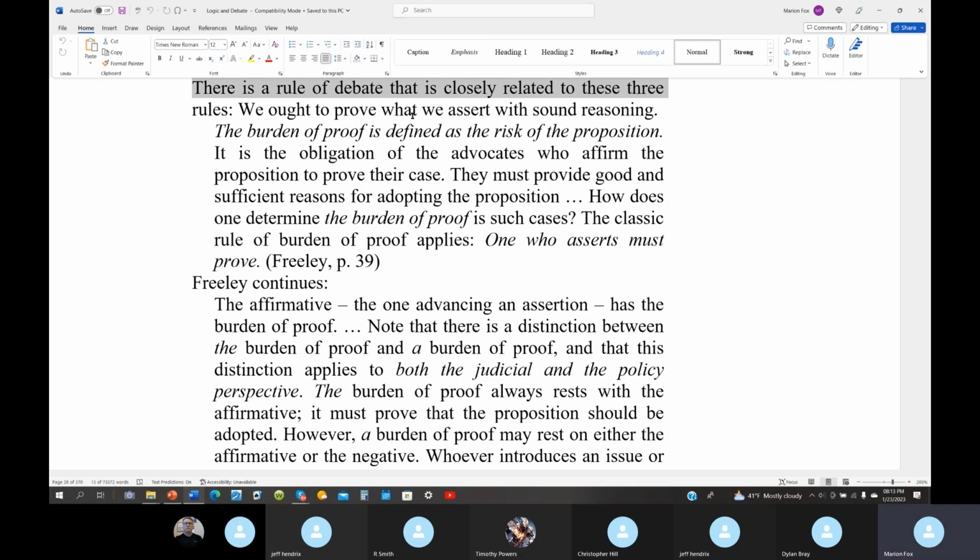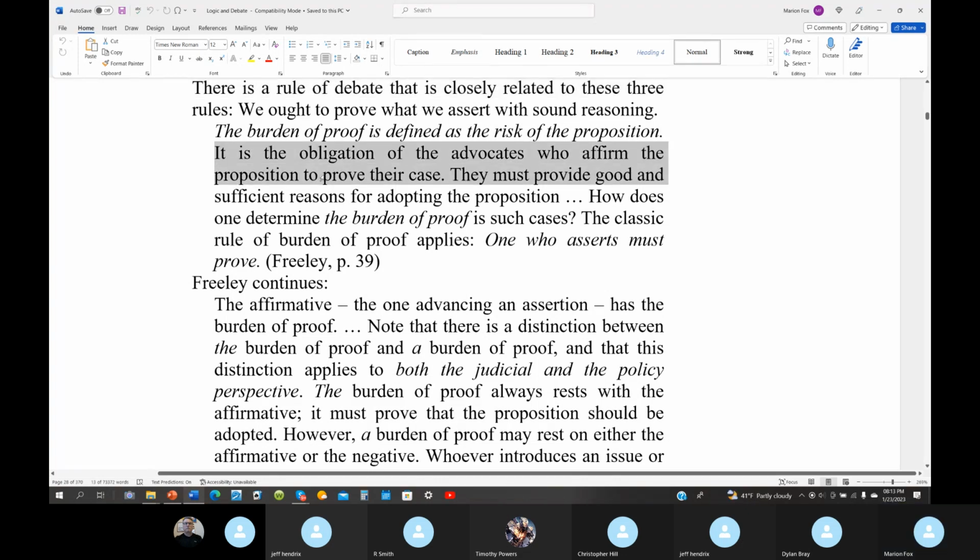It is the obligation of the advocates who affirm the proposition to prove their case. That's the standard position in debate. They must provide good and sufficient reasons. Now, the word sufficient is going to be important to us as we define it for adopting the proposition. How does one determine the burden of proof in such cases? The classic rule of burden of proof applies. One who asserts must prove.